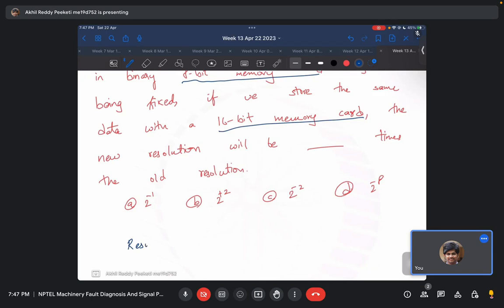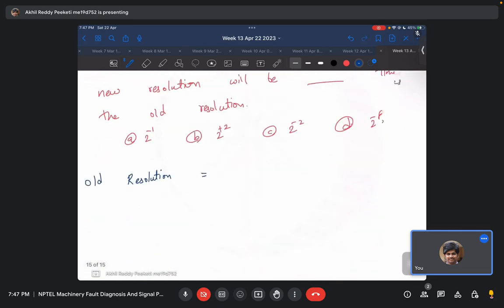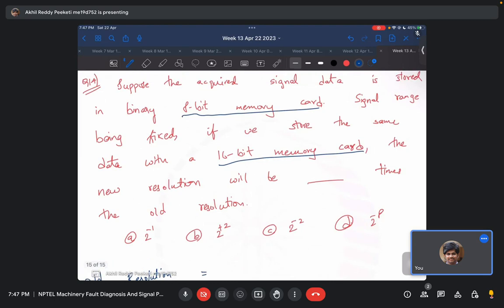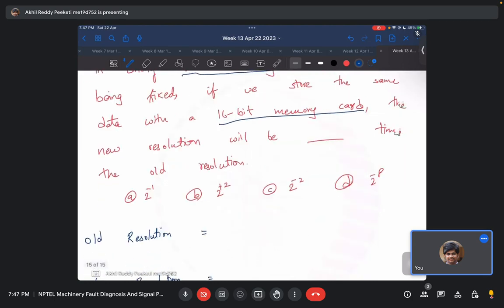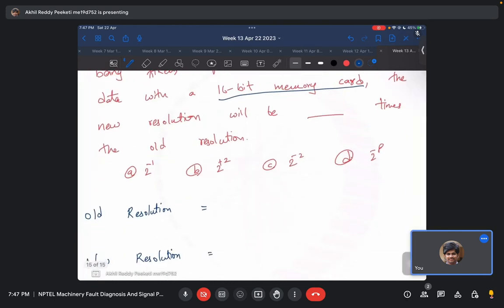So from that we can estimate this. Old resolution is range by 2 power n, being 2 power 8.